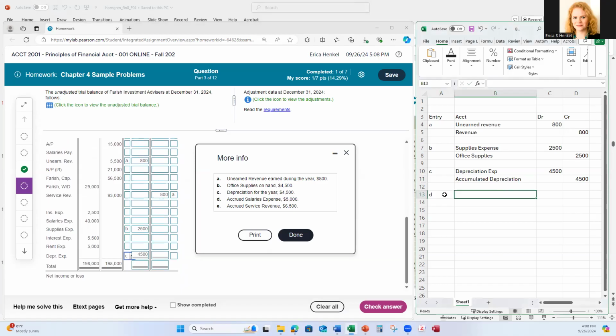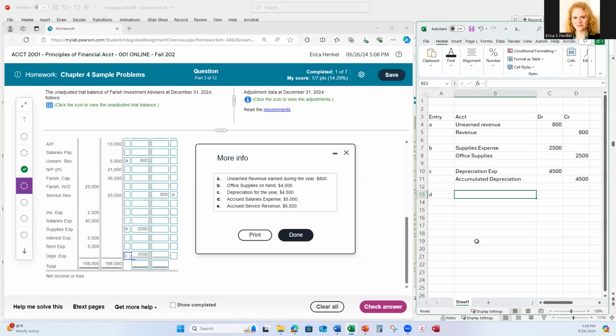Now for entry D, we're going to accrue salaries expense. So from earlier chapters, we know that that means that we had people who did work for us and we have not yet paid them, but we need to record that we owe some people some salaries on our financial statement because we haven't paid them yet.